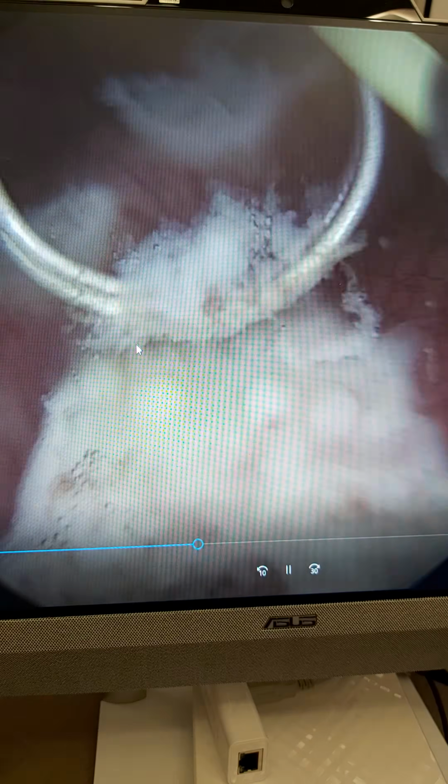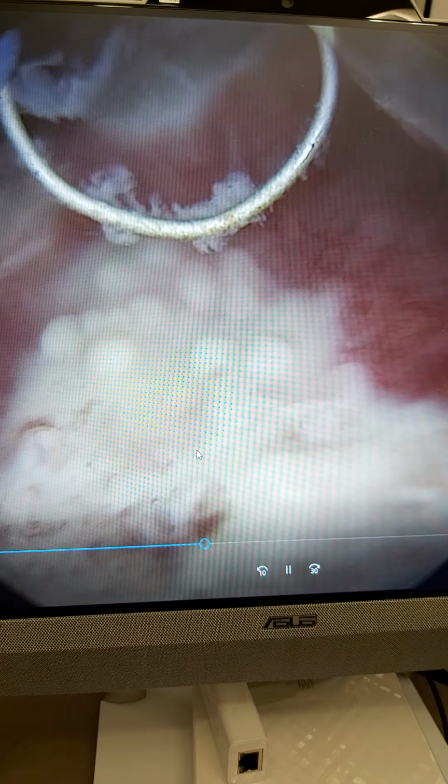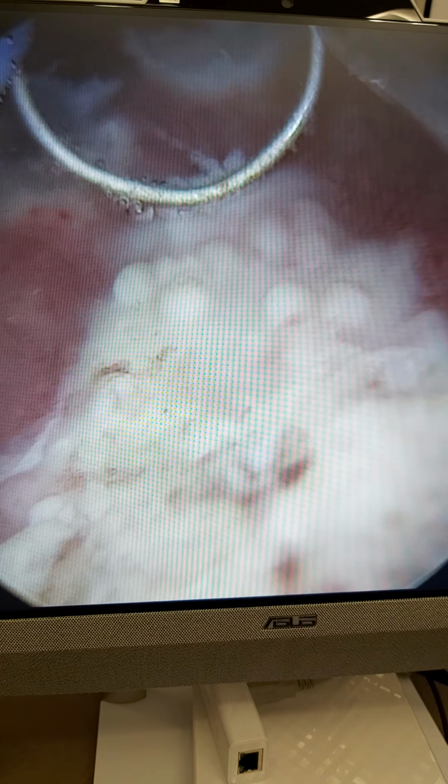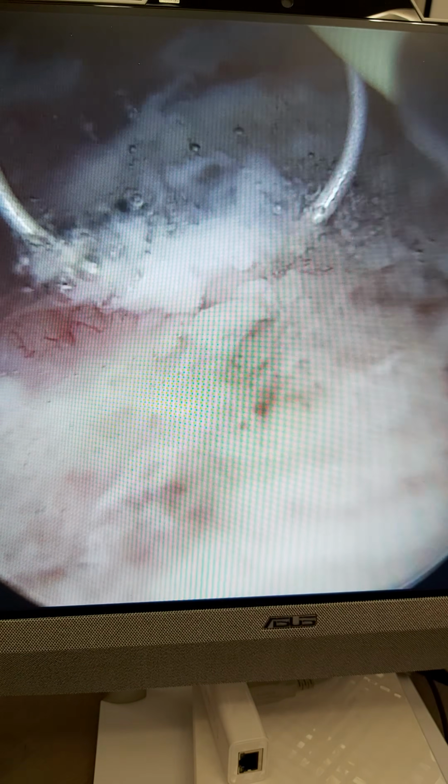When we fulgurate the superficial mucosa, embedded tissue infections underneath these ball-like structures are left behind. So I try to fulgurate more and more, but most of them didn't disappear easily.